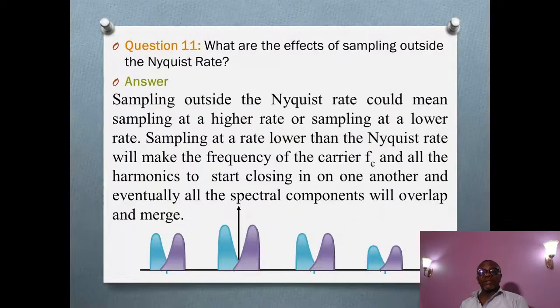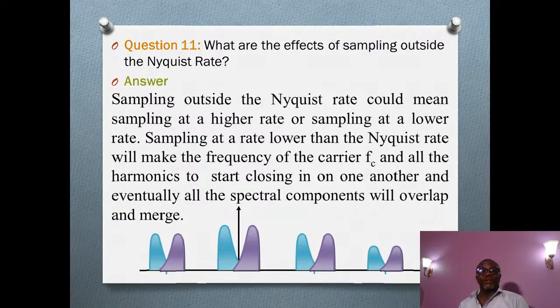But if you now sample at a rate lower than this Nyquist rate, you can see how the signals at center zero, the purple and the blue, are overlapping. As you continue to sample at a rate far lower than the Nyquist rate, they will continue to overlap more and more.